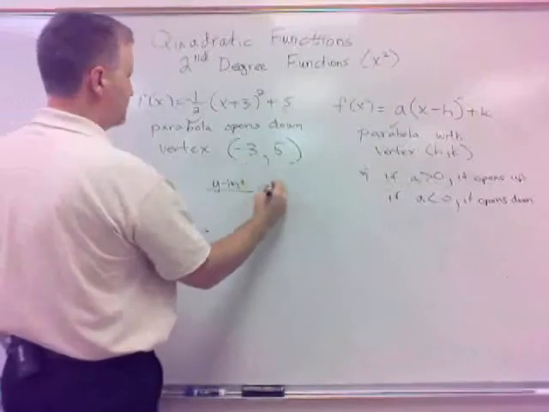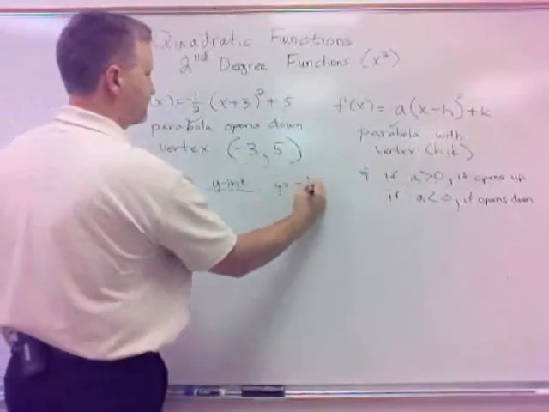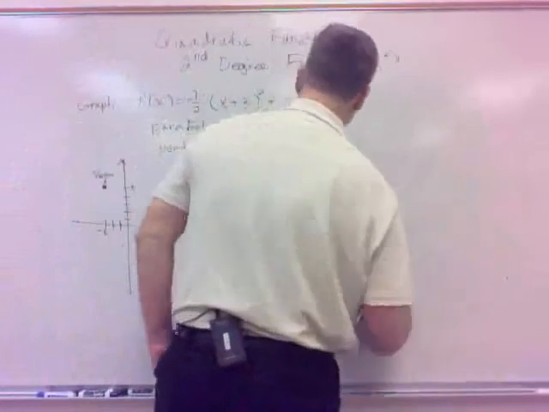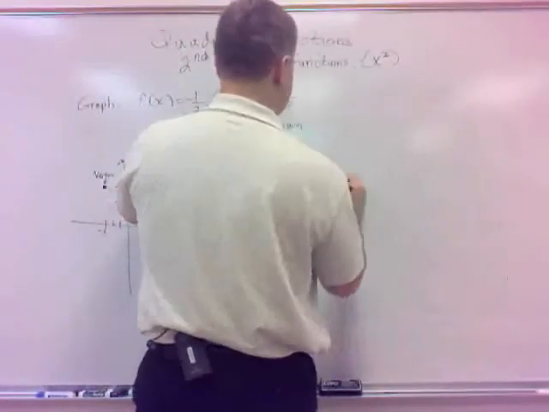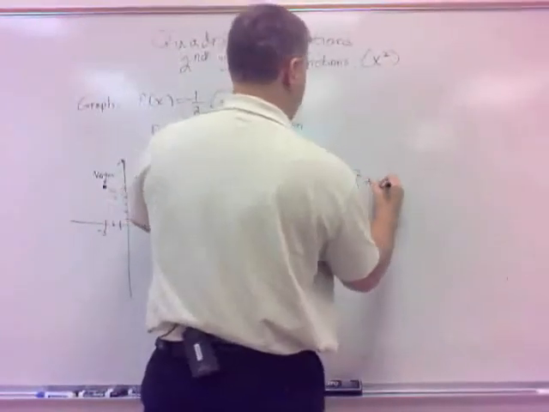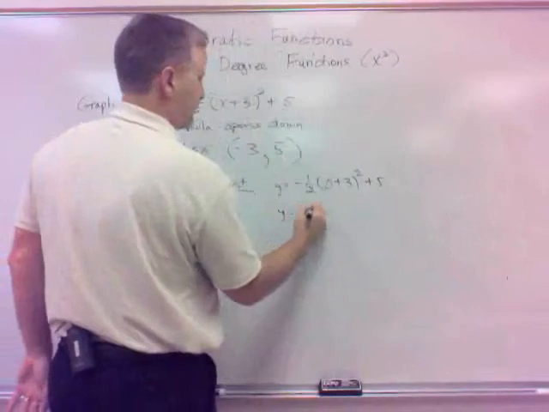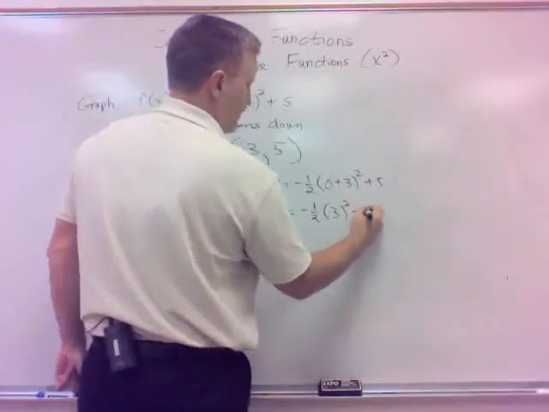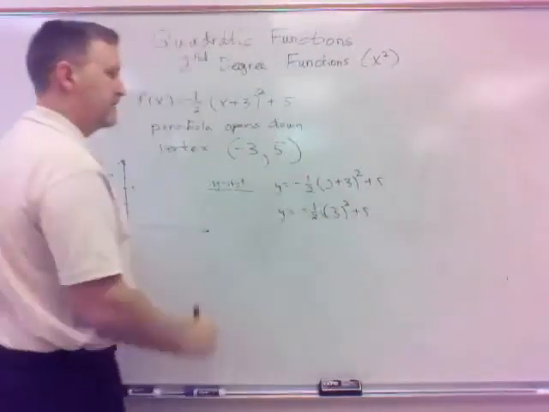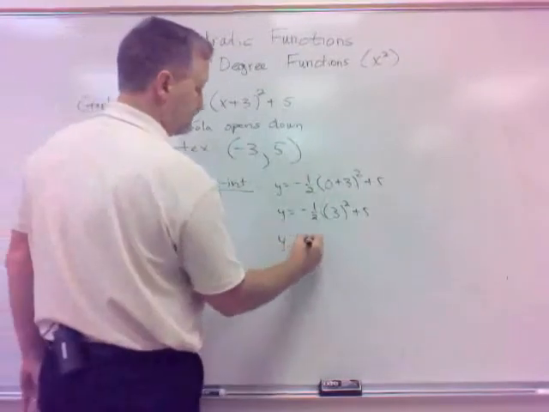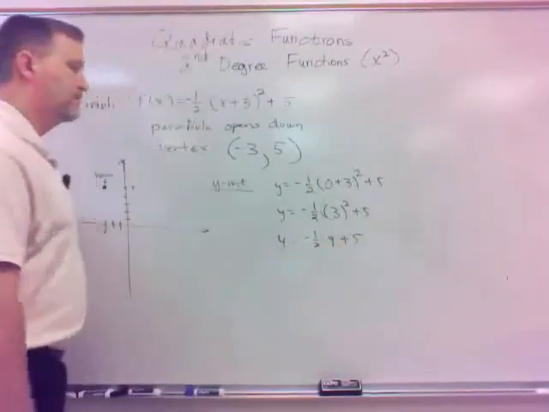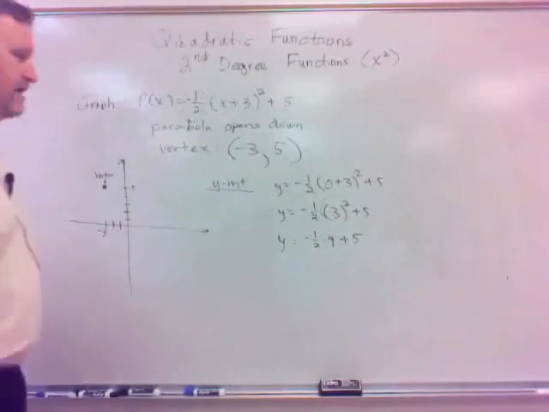What is the y-intercept? Well, you set x to be 0. y equals negative 1/2 times 0 plus 3 squared plus 5. That's just 3 squared plus 5. And again, remember on these you do the squared first, so that would be negative 1/2 times 9 plus 5, which is negative 9/2.